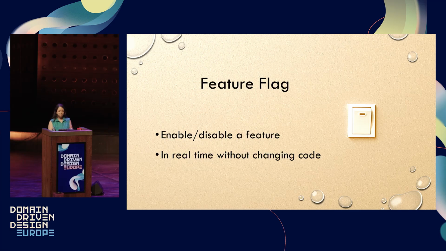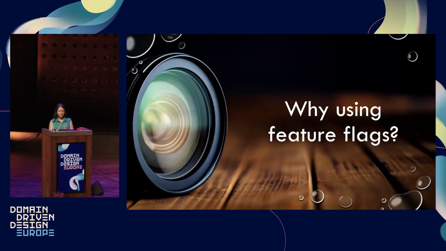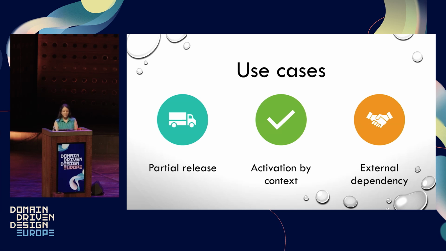Now, let's see why we need to use the feature flag. During my experience, I found three cases. The partial release, so when we should deliver but we didn't finish the feature. So we want to deliver the code, a dead code.